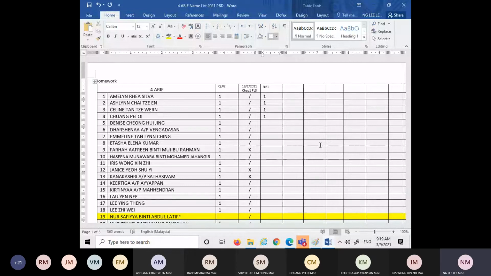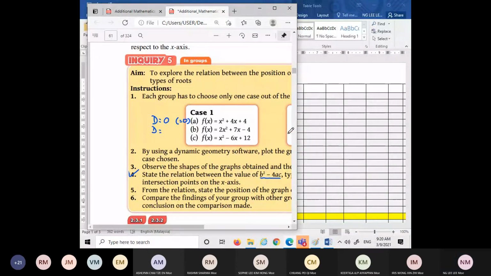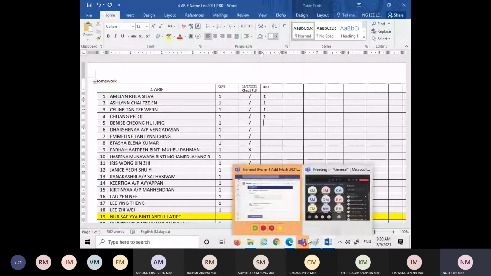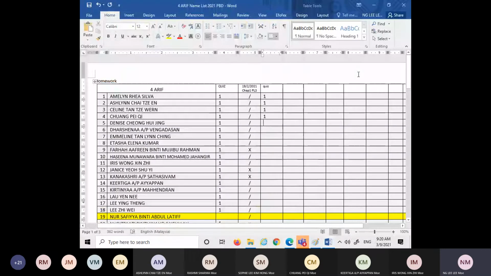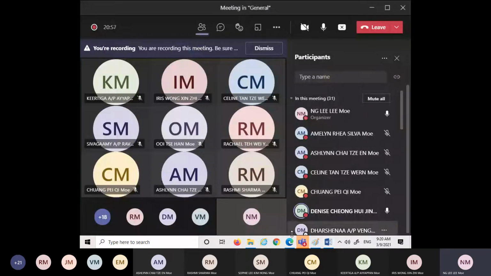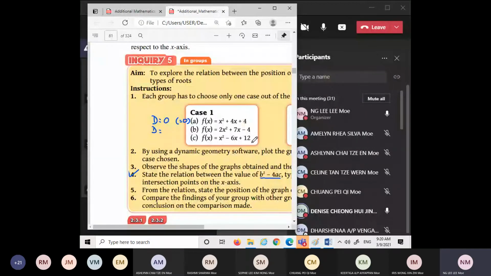And next girl, Denise. Yes, teacher. Can you help for case 1B? What is b squared minus 4ac?